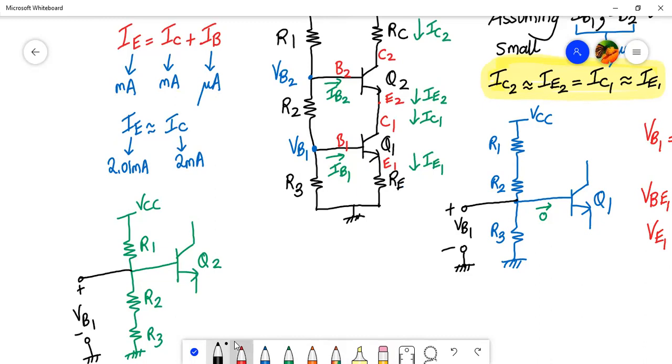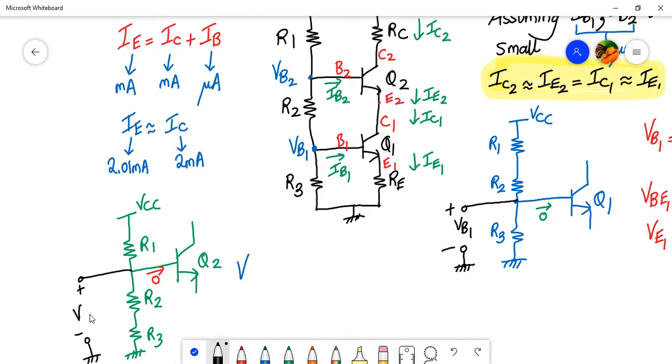Again, the current flowing in the base terminal is almost negligible. So how can we write this voltage now? It will be R2 plus R3 divided by the total resistance R1 plus R2 plus R3, into VCC. Over here, this is actually VB2, sorry for that, because the upper terminal is base 2.